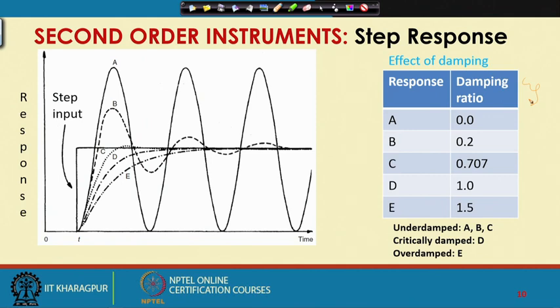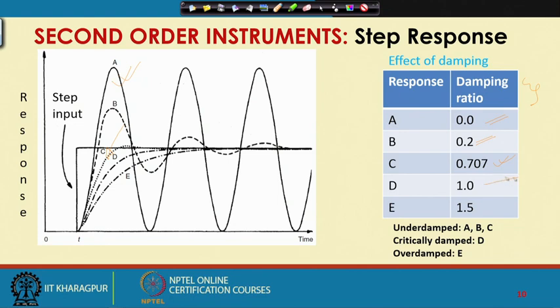If there is no damping, so zeta equal to 0, you will have sustained oscillations like a sine wave. When you have some non-zero positive damping ratios, you will have oscillations, but of course reduced. See, at 0.707 the oscillations have reduced to a great extent.